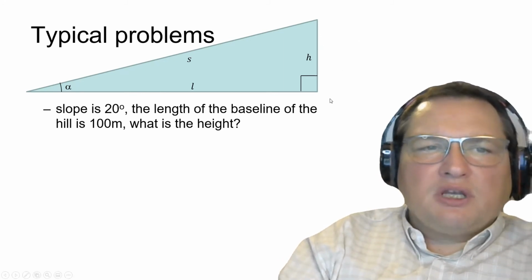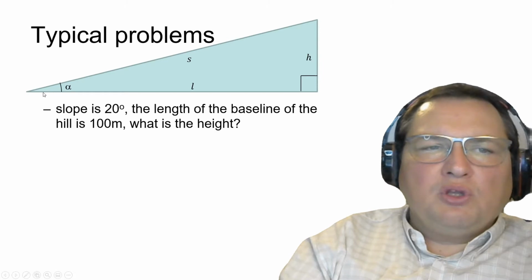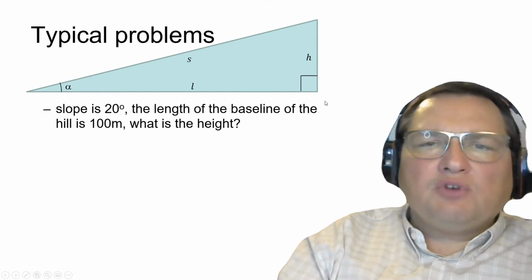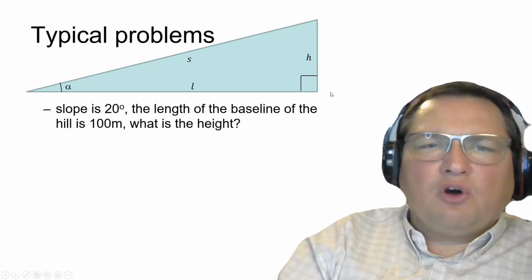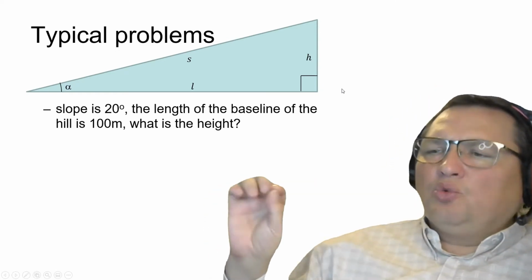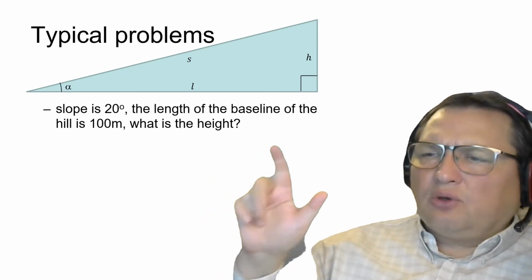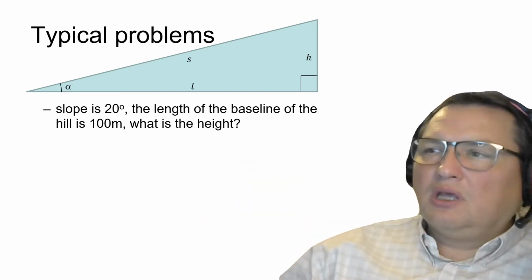Okay, so once again, we know the angle, we know this edge, that's the adjacent edge, and the question is about h, which is the opposite edge. The question is, which of the three trigonometric functions, sine, cosine, or tangent, should we use?